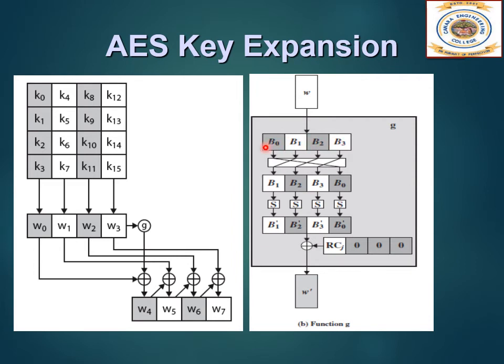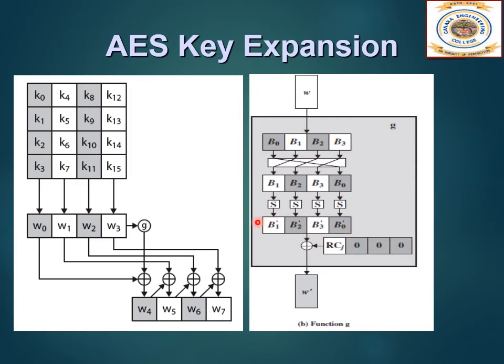So here we do a 1 byte left circular shift and we get the new words B1, B2, B3, B0. This is the new word we get by doing the left circular shift. After the left circular shift, we use a substitution box to obtain the new bytes, B1 dash, B2 dash, B3 dash and B0 dash.